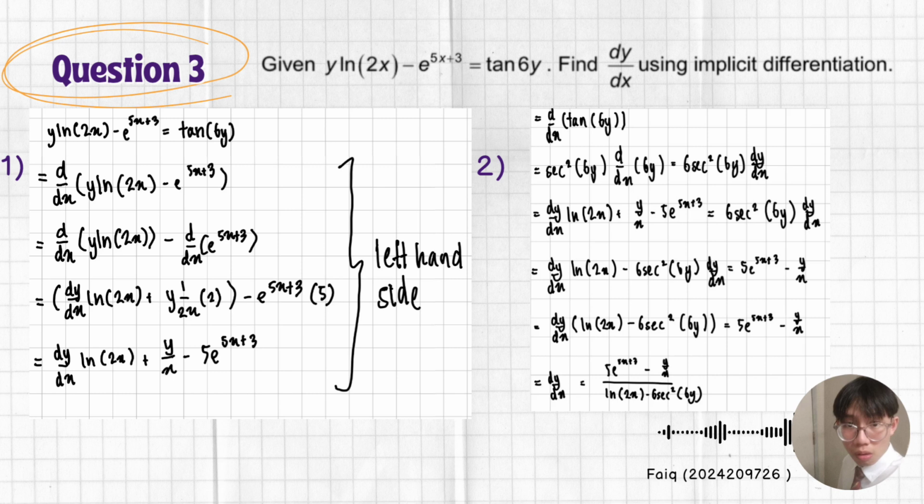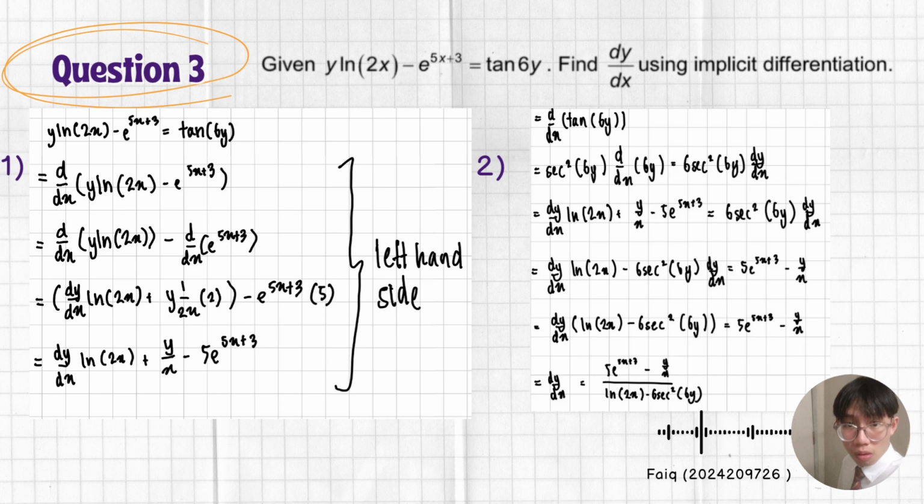And then for the last step, we will solve for dy/dx. So if you guys look at the second picture, we will write like this: dy/dx ln 2x minus 6 sec²(6y) dy/dx equals 5e^(5x+3) minus y/x.